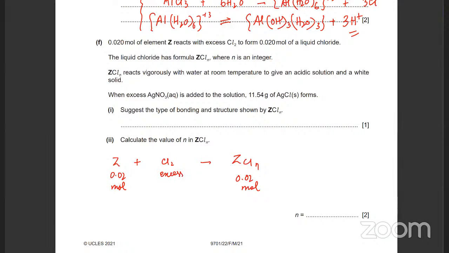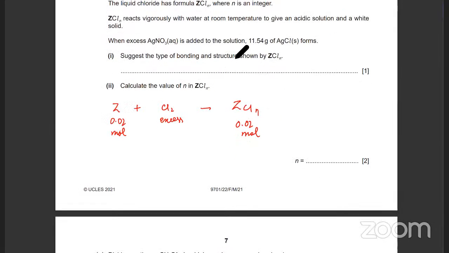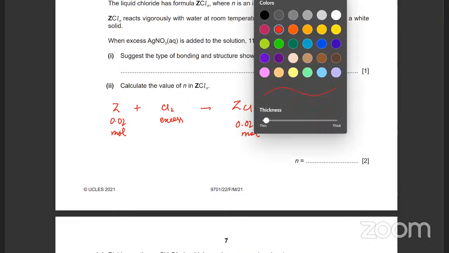Then ZClN reacts with water at room temperature to give an acidic solution and a white solid. So it reacts with water, and when excess silver nitrate is added to this solution, 11.5 grams of AgCl is formed. So basically, we don't know what the reaction is because we don't know what Z is.